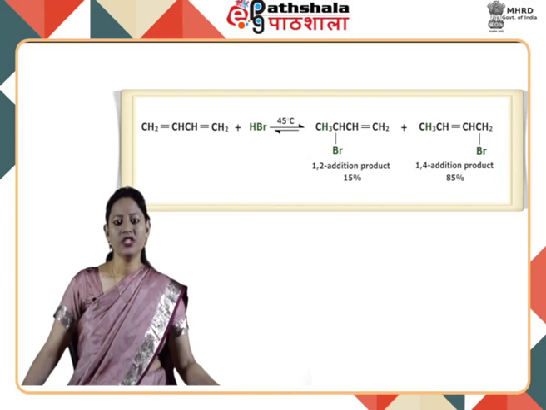The 1,4 addition product is more stable as the greater the number of alkyl groups attached to the sp2 carbon, the more stable it is, a more substituted alkene. But the 1,2 addition product is formed faster as the transition state for formation of the 1,2 product is more stable.